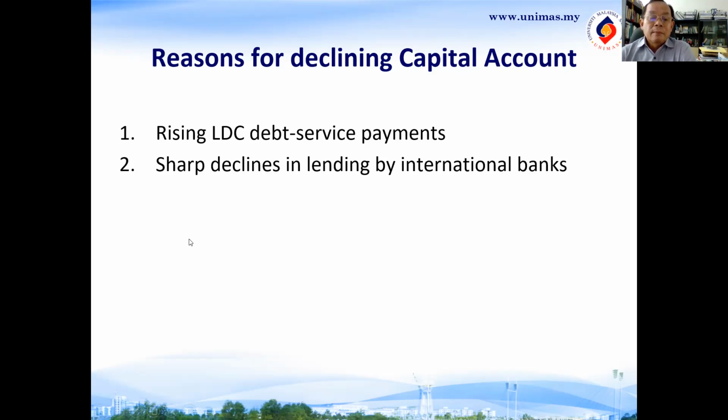Right. So and then also secondly, most international banks decided to pull back a bit. Yeah, there was a sharp decline in the lending by international banks. So in other words, less money, less capital coming in, available to the less developed countries. Plus massive capital flight from the less developed countries.